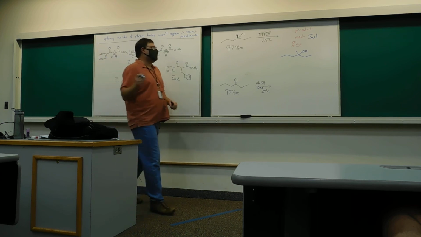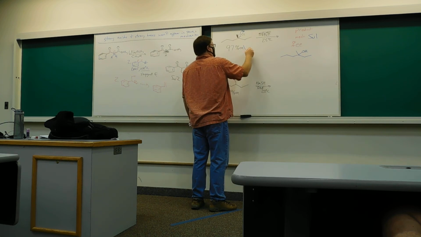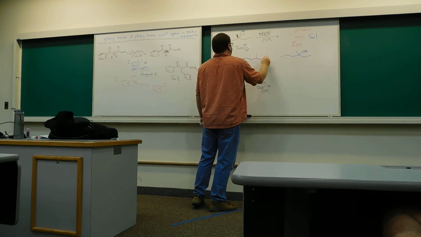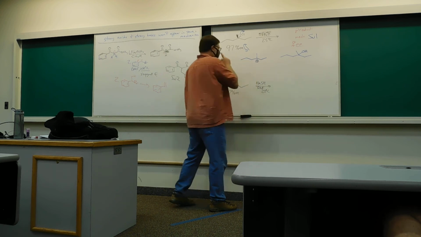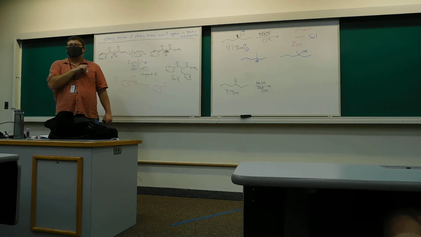So the SN1 mechanism, right? That chloride's going to leave. This is equilibrium. That's your intermediate. What's the EE of that intermediate?